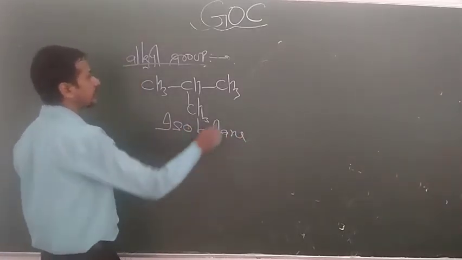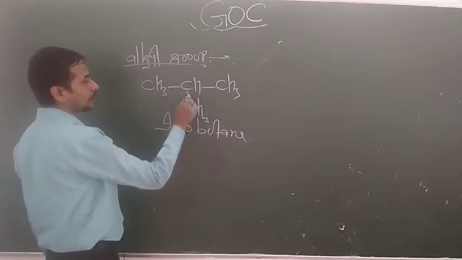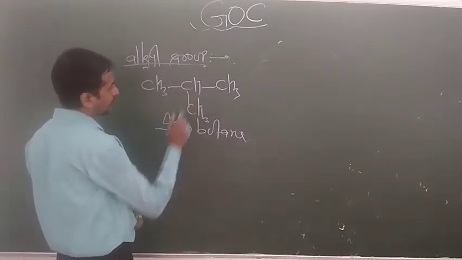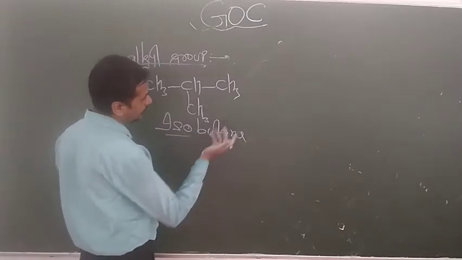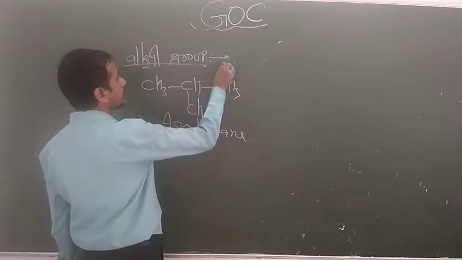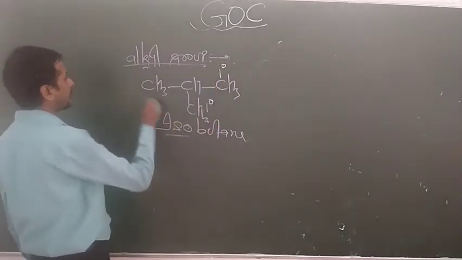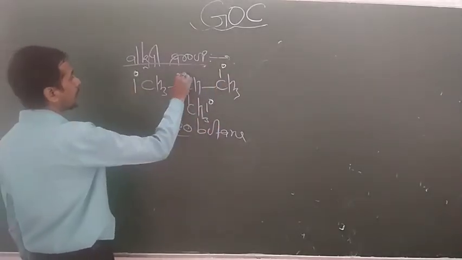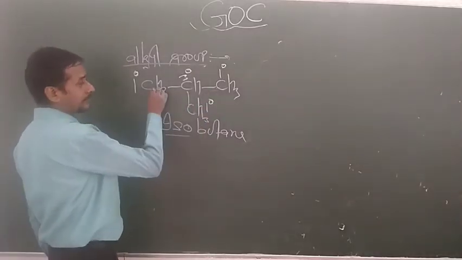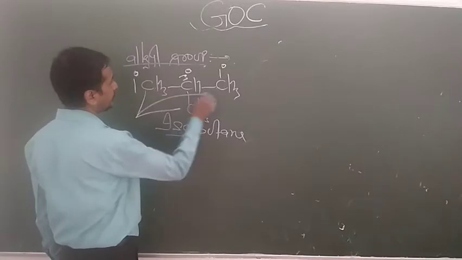This I told you. 1, 2, 3. Second last has one-time methyl branching. This is known as iso. And here 4 carbon is there. No H is removed. That's why as an alkane, that is known as butane. Now this contains 1 degree carbon, 1 degree carbon, 1 degree carbon and 3 degree carbon. These all 3 carbons are the same.